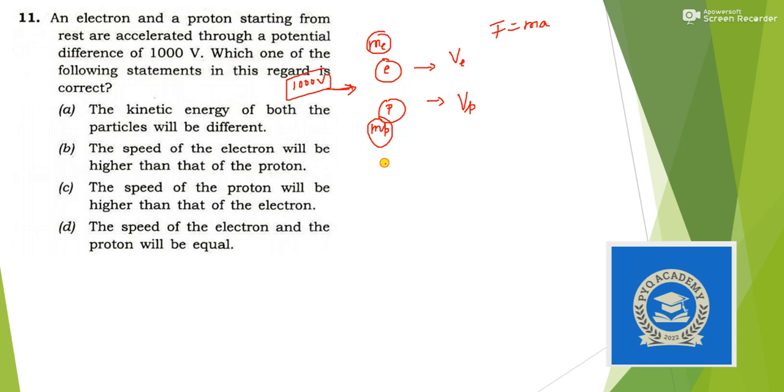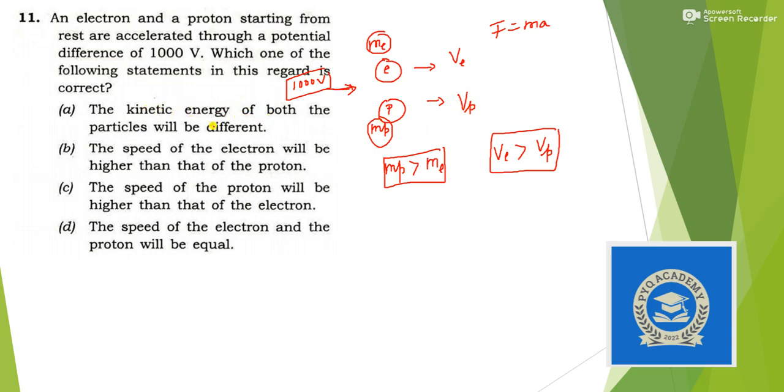So mass of proton is greater than mass of electron, so velocity of electron should be greater than velocity of proton. Because if the same energy is utilized, then the larger mass will resist, and so the velocity will be less. So now come to our options.